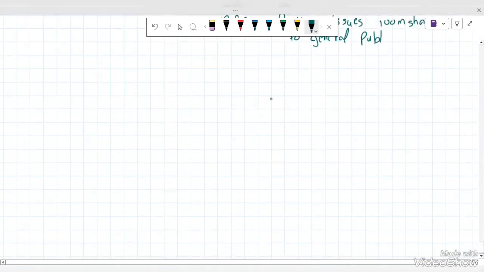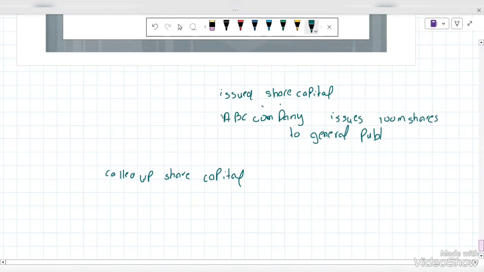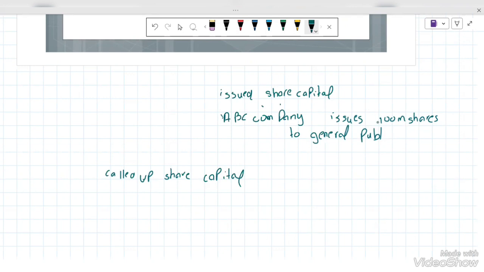After that, the second type of share capital is called up. So what is basically called up share capital? It is very simple: it is a part of the issued share capital that the company has asked to be paid. For example, your potential shareholders have become your shareholders and purchased 100 million shares, but they didn't pay any amount.